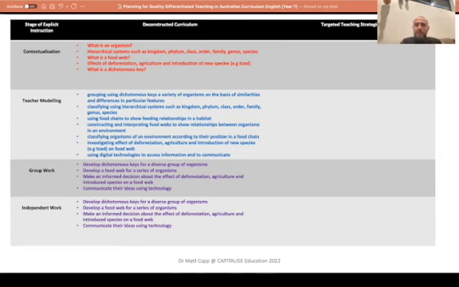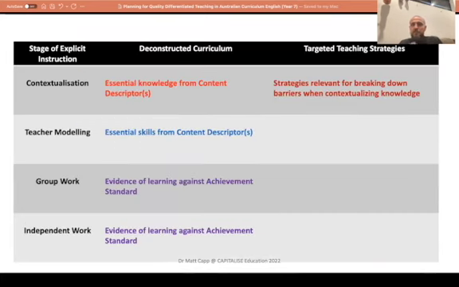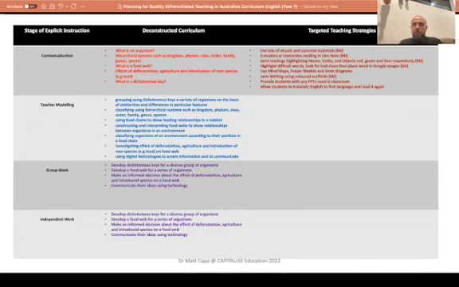Now we've done that for curriculum, we've also got to do it for our targeted teaching strategies. So during the contextualization stage, we go back to the strategies that we've identified, and we identify what would be useful during the contextualization of knowledge, because not all of the strategies that we identified will be useful all the time. So we put them into that stage of the gradual release or explicit instruction model.